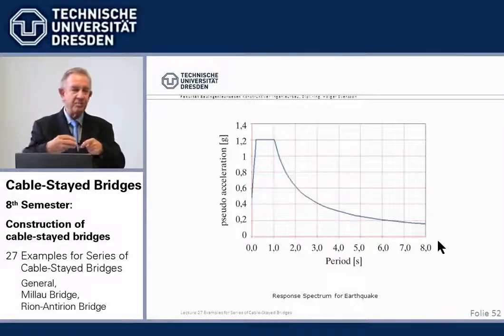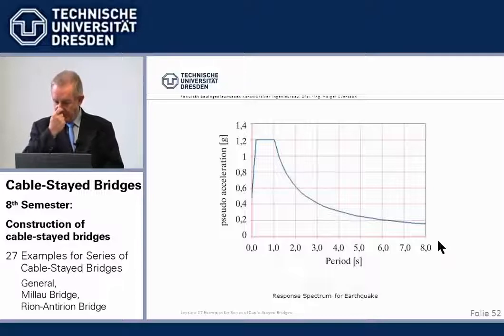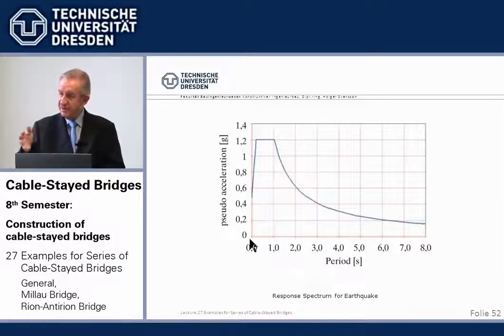It's the response of this oscillator to the given earthquake. And of course, that varies quite a bit with the periods in which the Earth shakes. Even for the same acceleration, it depends how close we come to the eigenfrequencies of this pendulum. So, just to make you understand what we talk about if we talk about a response spectrum, that's what it is.